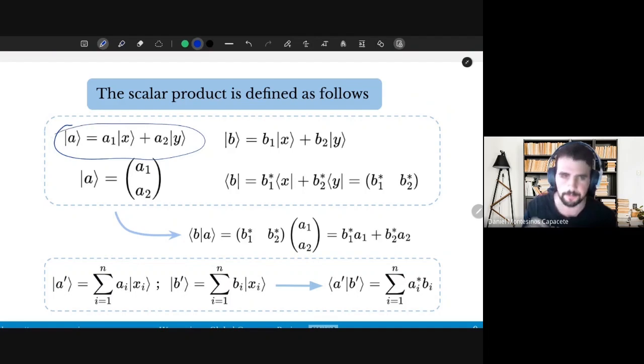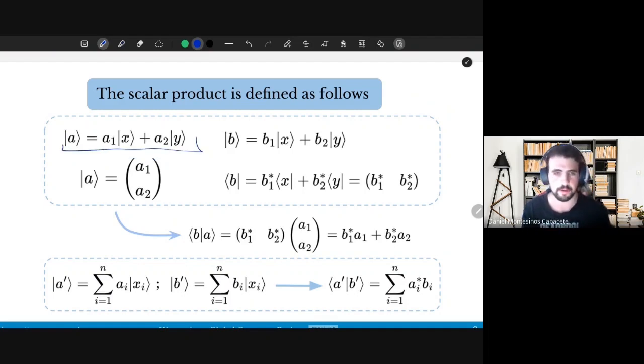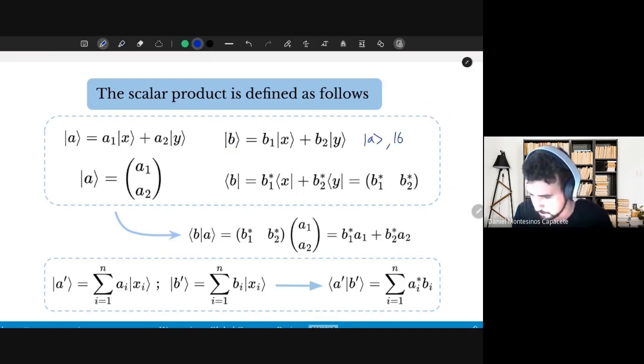So let's say I have vector A that is going to be a linear combination of these two vectors, like the basis we are using in our two-dimensional example. And I have another vector B. These two are vectors in my Hilbert space, right? I mean, A and B are vectors in the Hilbert space. This is the H for the Hilbert space.